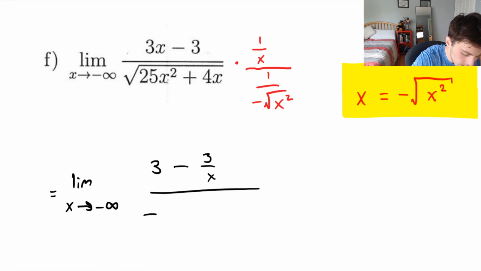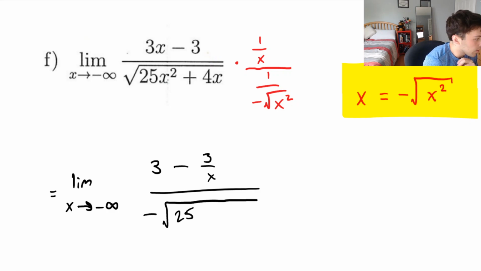And now we've got 25, and we're multiplying everything now inside of the square root, right? So x squared is going to divide out. So it's going to be x squared divided by x squared, which is just 1, plus 4 over x, because 4x times 1 over x squared is just going to be 4 over x, right?